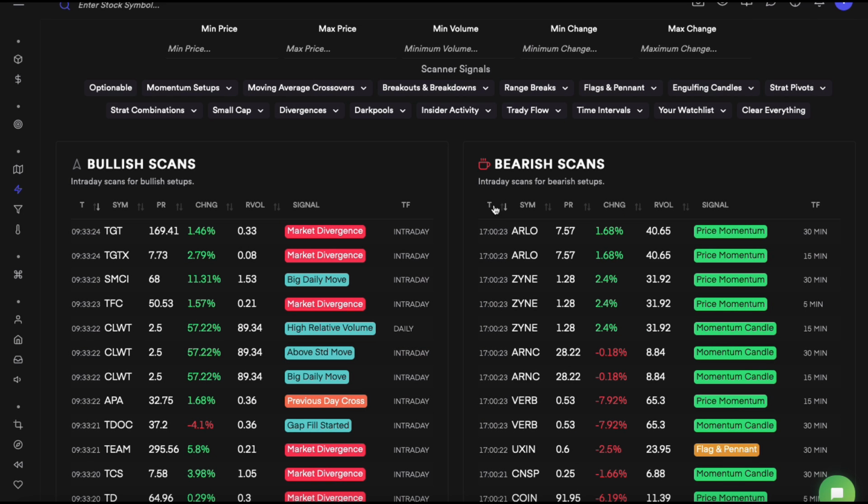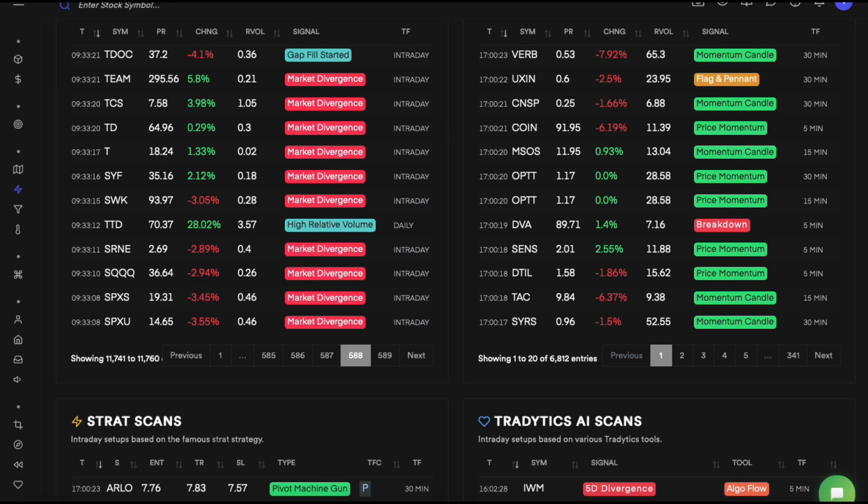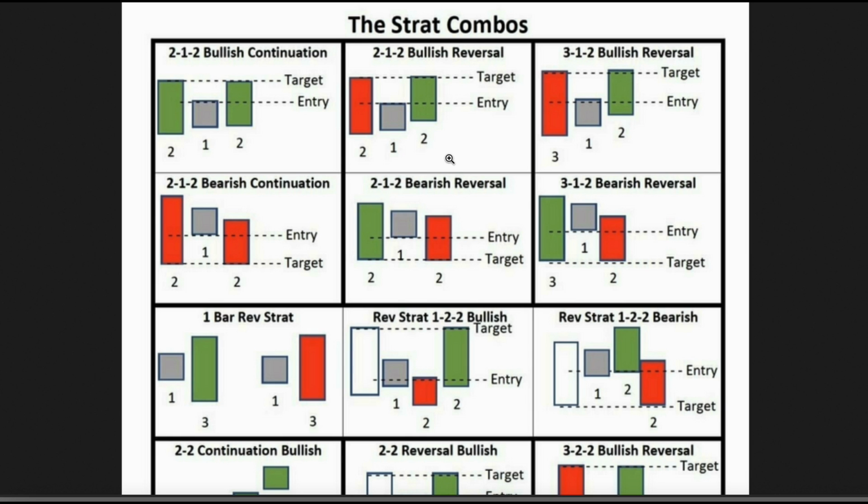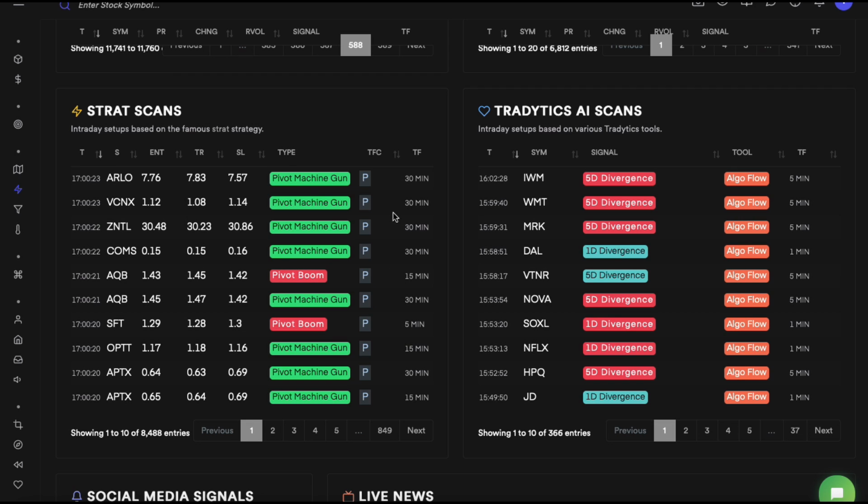These are the basic market scans that you would need if you are a day trader, and you can use them obviously. But then we have the strat scan, which again is based on the strat strategy. It's a very easy strategy, but the purpose of this video isn't to go into the strategy. There are a couple of different combos that you can use that you're going to see here.